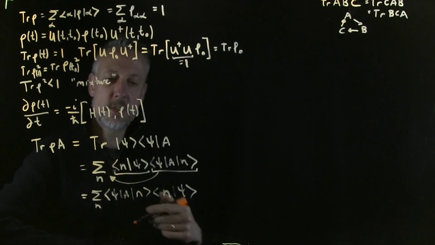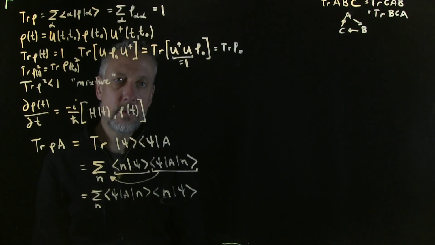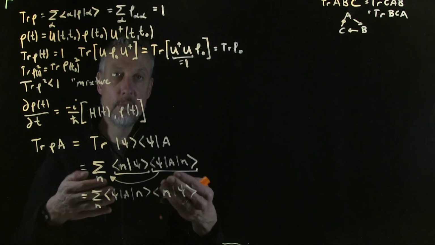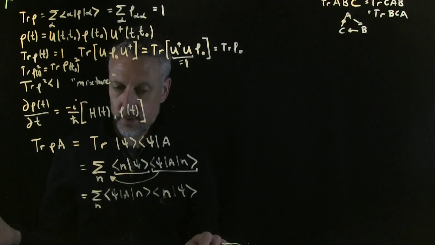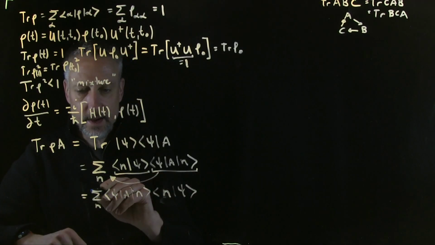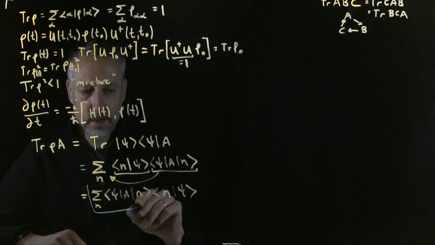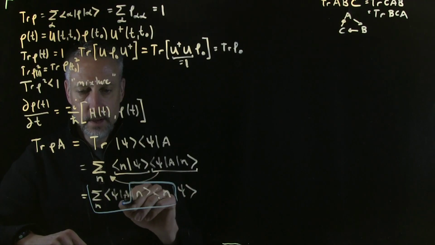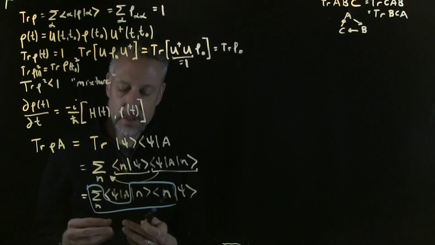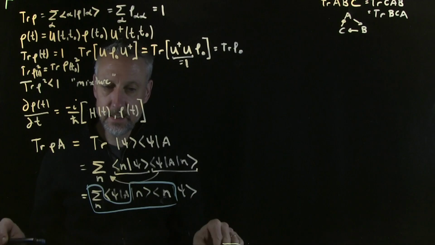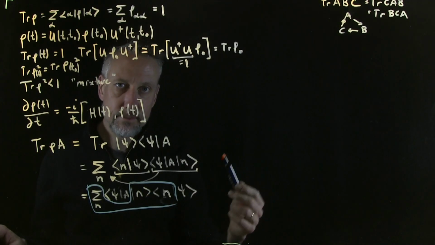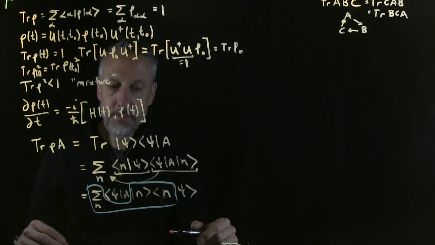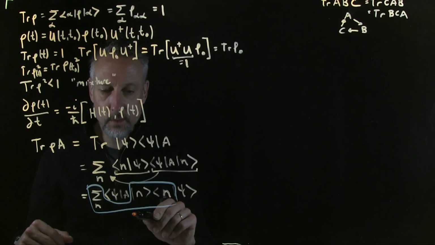So just as inserting 1 can be very useful in derivation, so can removing a 1 be very useful. What do I mean by that? Well, we've inserted essentially 1 here, right? This is the spectral resolution of the identity. Whatever the basis is that |n> is the vectors of, then this is equal to 1.